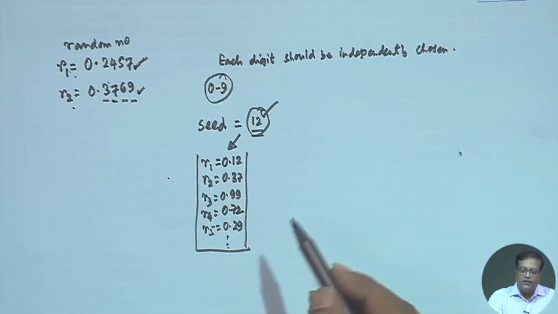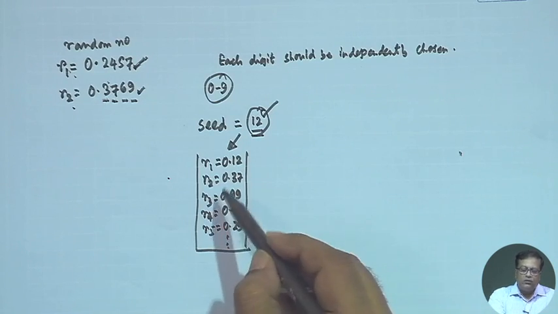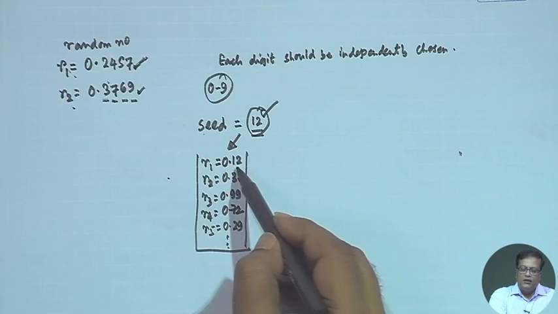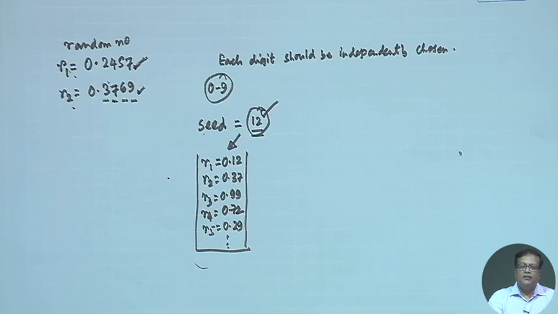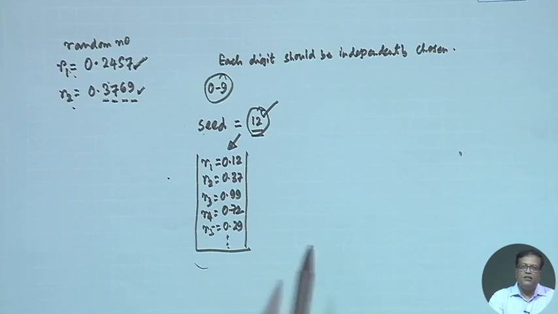And the bad thing is that they are all predictable in a sense, because once a person knows the seed, all the numbers will be exactly the same, right. So, every time you do the experiment, you get exactly the same results.